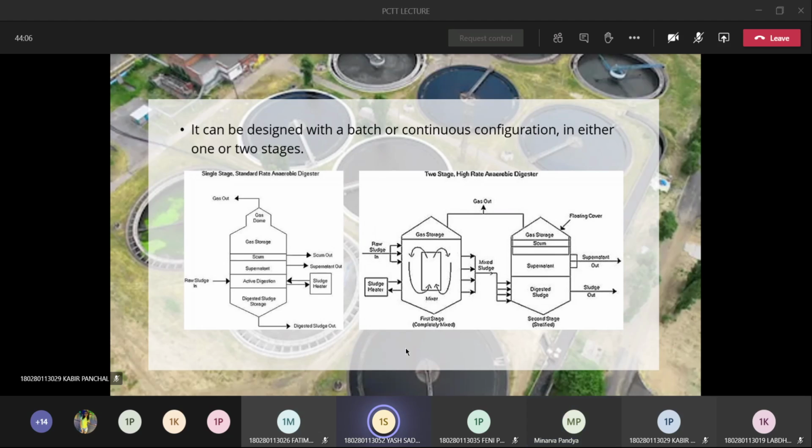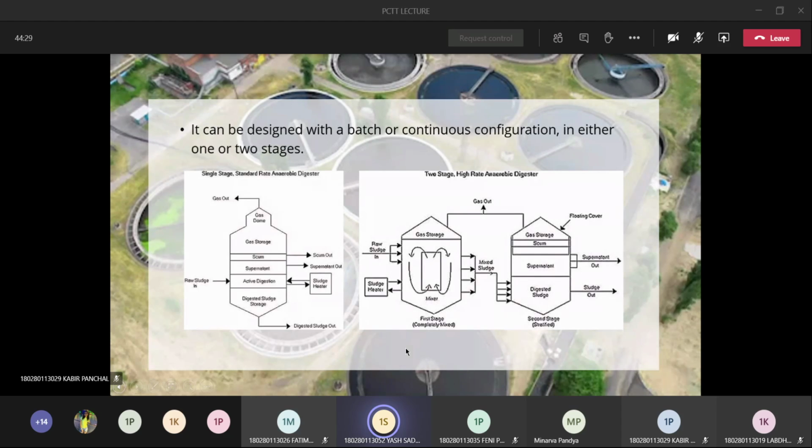While in two-stage digestion, the sludge first enters in the first tank, where all the incoming flows of sludge are combined and the mixture is heated to a mild temperature to accelerate the biological conversion, and the residence time here ranges from 10 to 20 days.